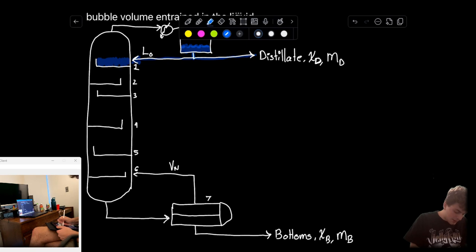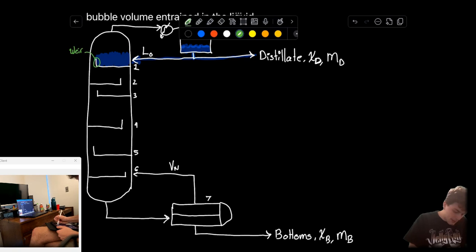And you're going to have liquid come in and come in and come in, and you're going to watch it accumulate. And then as that liquid accumulates, at some point it's going to come over this little notch right here. This is what we call the weir.